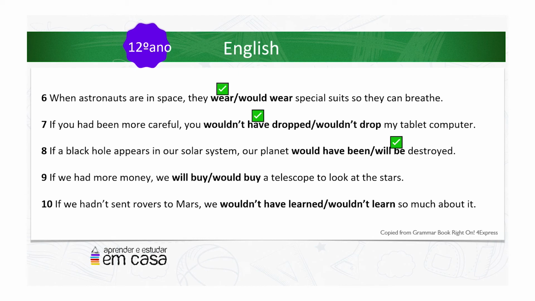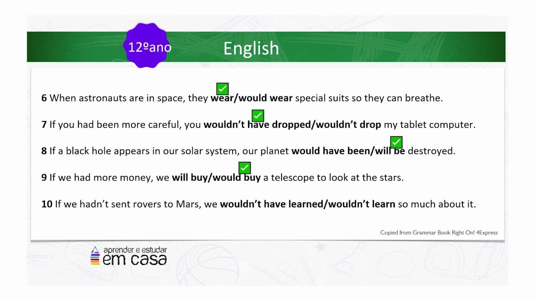If we had more money, had simple past, you will buy or we would buy. Would buy, exactly. And last but not least, if we hadn't sent rovers to Mars, he wouldn't have learned or he wouldn't learn so much about it.